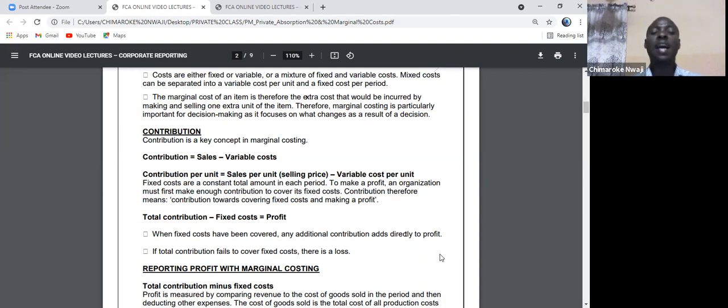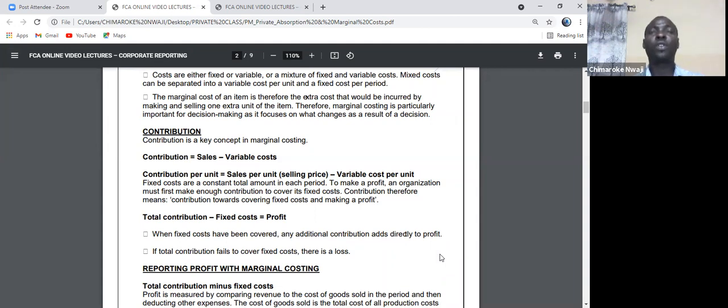Now, fixed costs are a constant total amount in that period. So if fixed cost is a total amount fixed for that period, in order to make a profit, an organization should target their contribution to be higher than their fixed cost. And so if your contribution is lower than your fixed cost, you are going to make a loss, because normally your profit is simply your total contribution minus your total fixed cost.